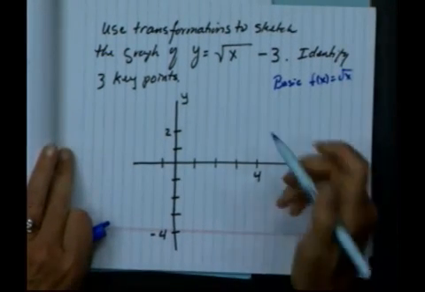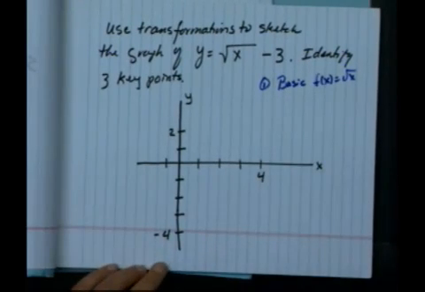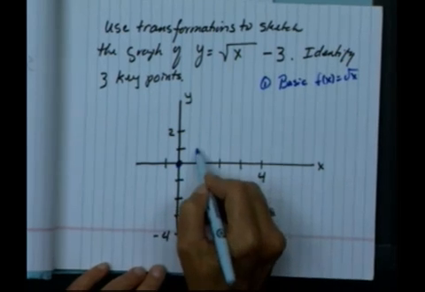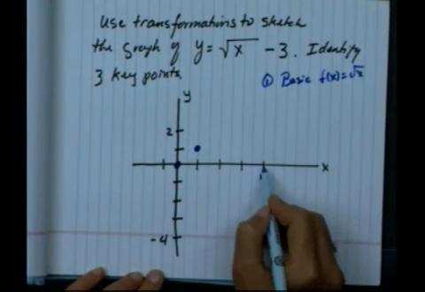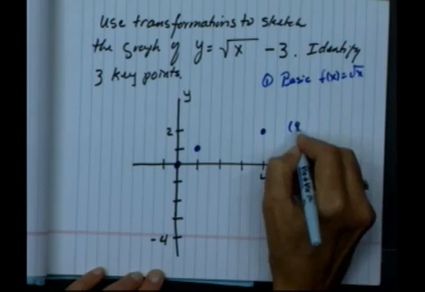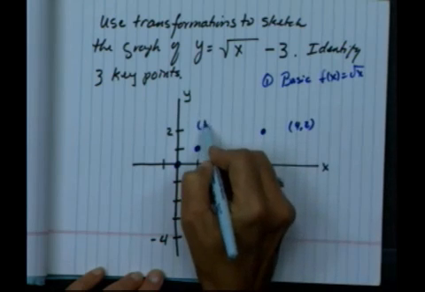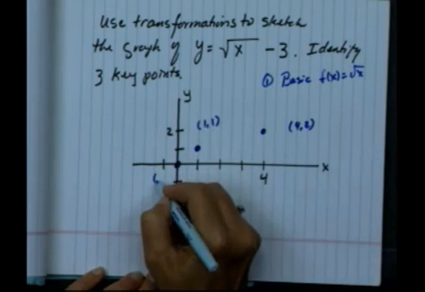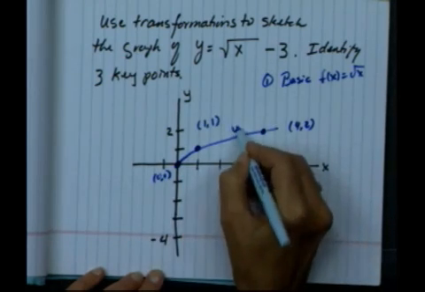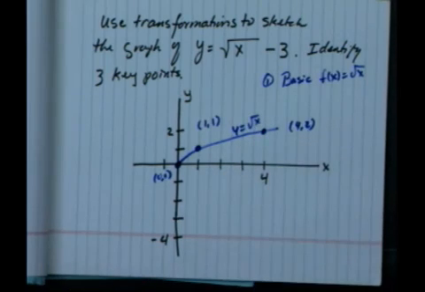Okay, so that's step 1. Our basic square root of x, everybody knows that's 0, 0, 1, 1, and 4, 2. This is y equals square root of x.